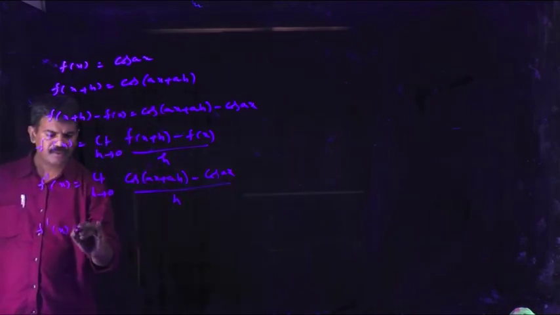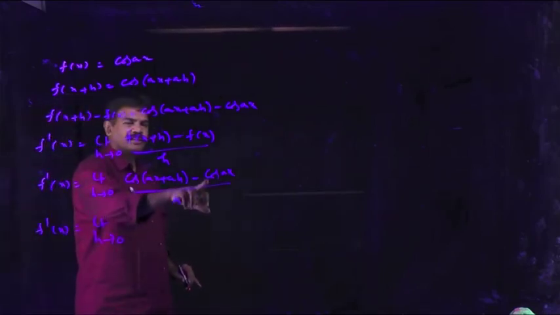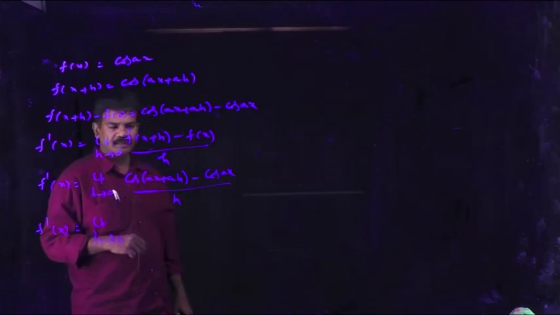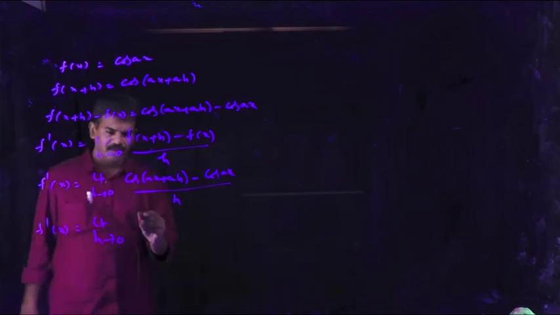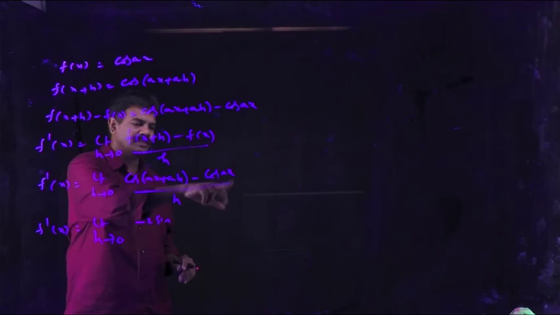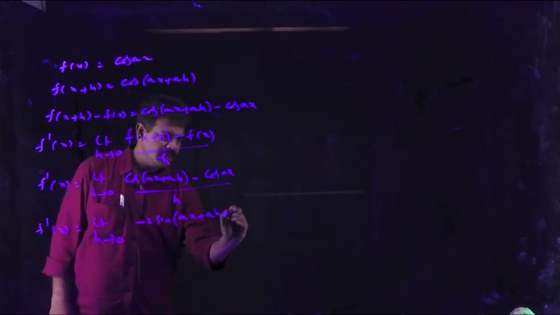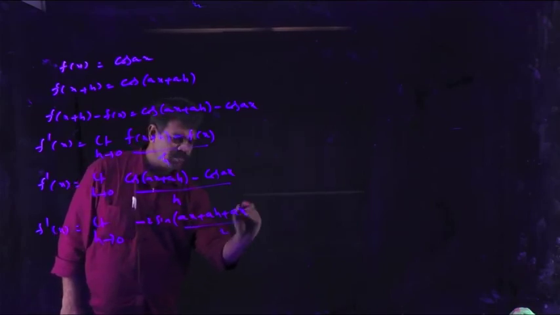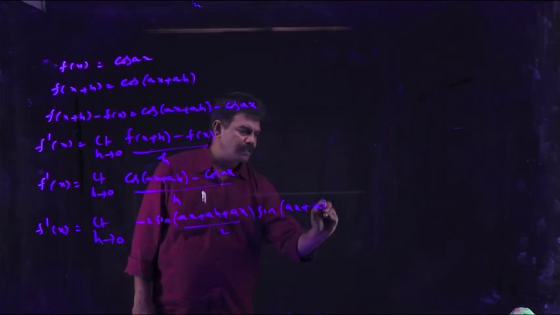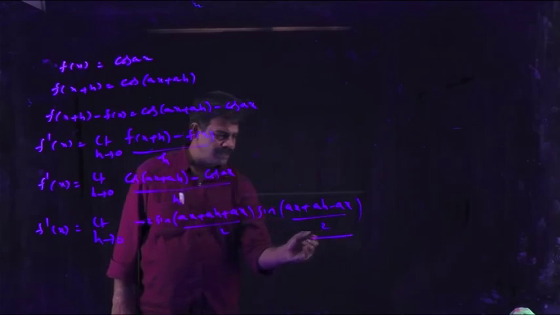Here it is in the form of cos C minus cos D. We know the formula for cos C minus cos D is minus 2 sin((C + D)/2) sin((C - D)/2). Here C means ax + ah, D means ax. So we get minus 2 sin((C + D)/2) into sin((C - D)/2), by h.